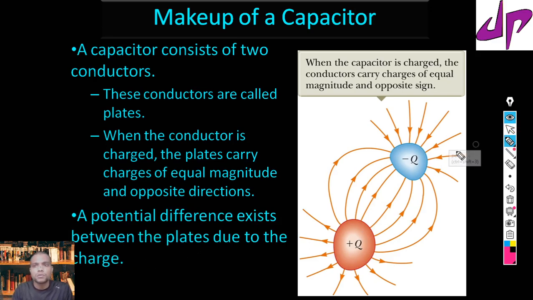If these are the two conducting plates shown here, this is the positively charged plate and this is the negatively charged plate. Obviously an electric field exists between them, and as we already learned, a potential difference exists between them. If we connect a voltmeter here, it will show the potential difference between them. Now this setup makes up the capacitor.